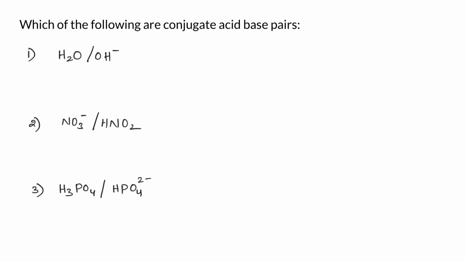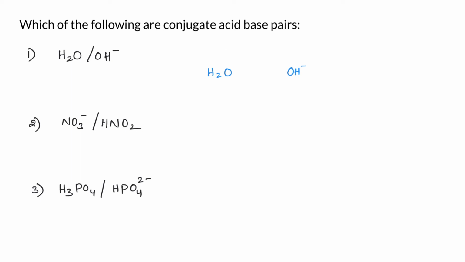Part 1, H2O, OH minus ion. By definition, conjugate acid-base pairs differ only by one proton. In this case, H2O and OH minus ion differ only by one proton.